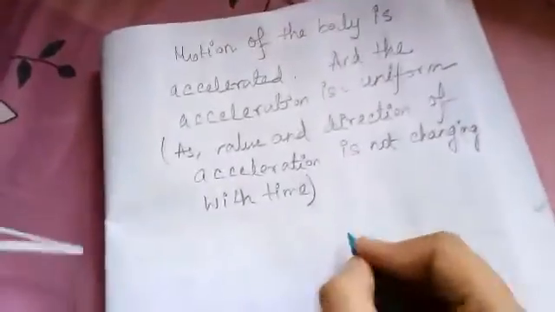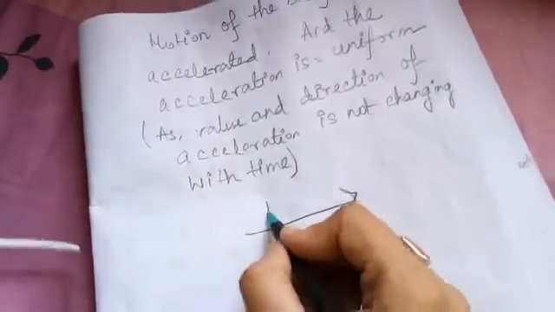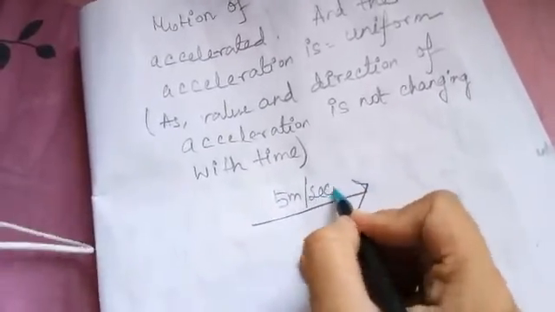The direction is this way, and the values are every time 5 meters per second square.